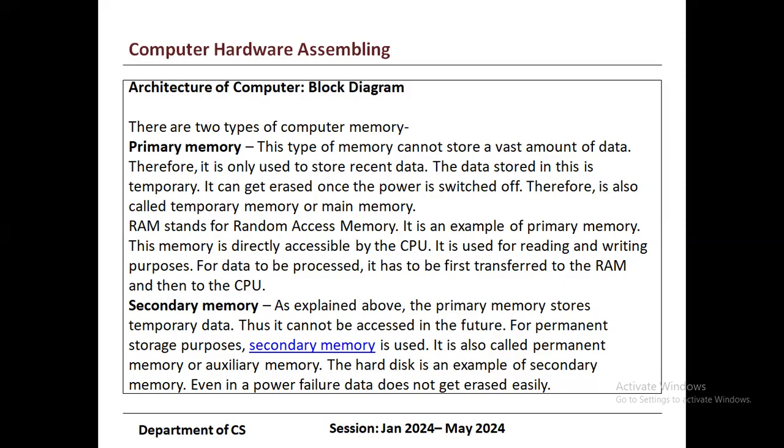The hard disk is an example of secondary memory. Even in a power failure, data does not get erased easily. Hence, secondary memory is called non-volatile memory. And one example of secondary memory is ROM, that is read-only memory.